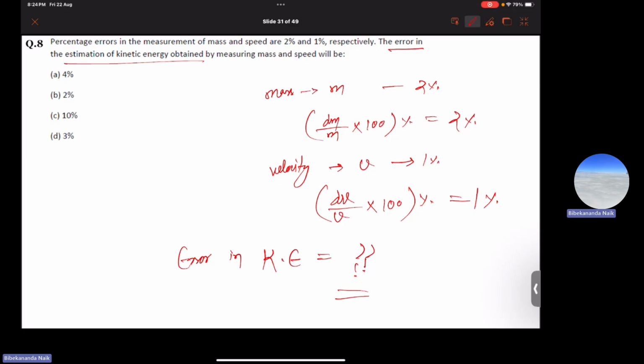So we know the expression for kinetic energy is given by half mv square. Suppose we can write it as E equals half mv square.